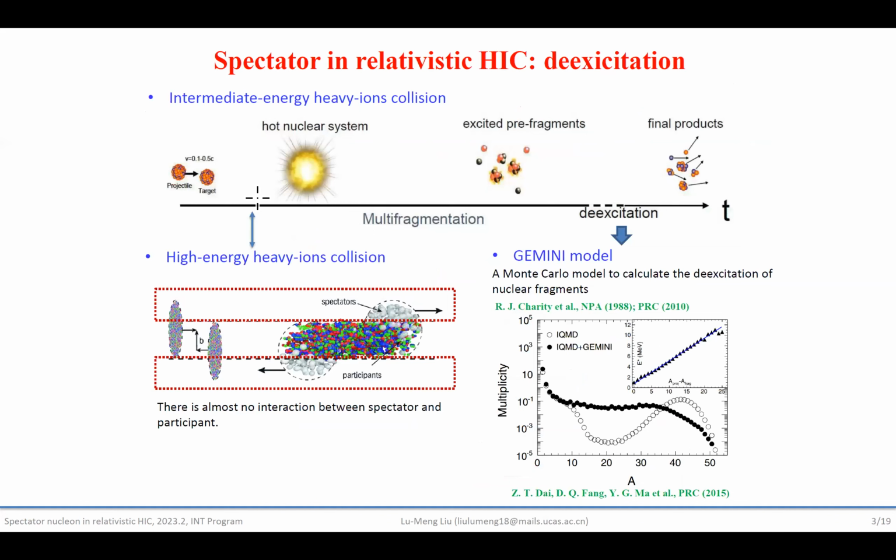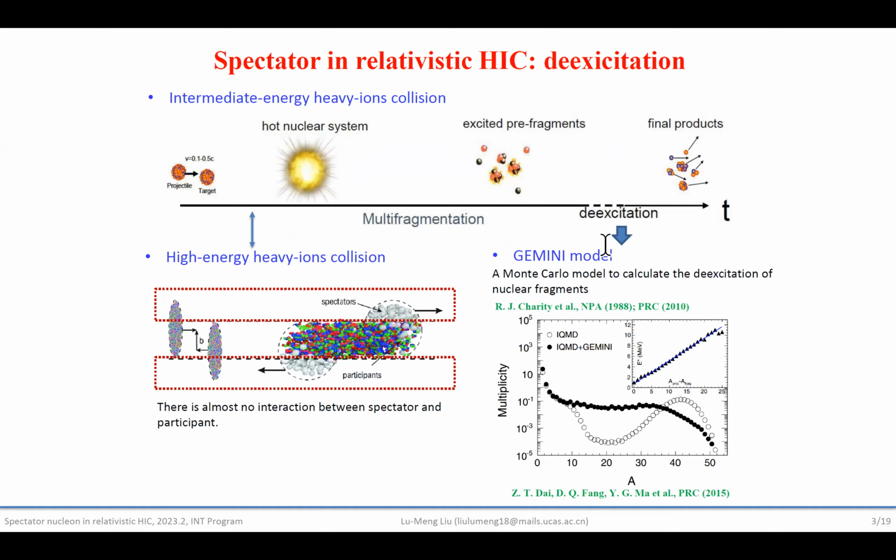Here we refer to the transport approach of intermediate energy heavy ion collisions, where the colliding nuclei form a hot nuclear system. After a period of evolution, the hot nuclear system forms many excited fragments. These excited fragments need to be de-excited by the GEMINI model, which is a Monte Carlo model to calculate the de-excitation of the nuclear fragments.